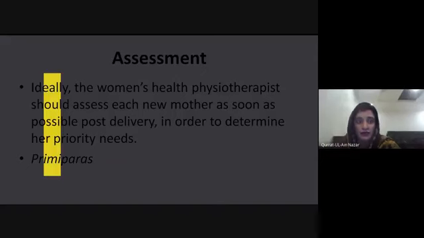And there are some symptoms which we look out for, in order to make a referral if a non-physiotherapy assessment happens.